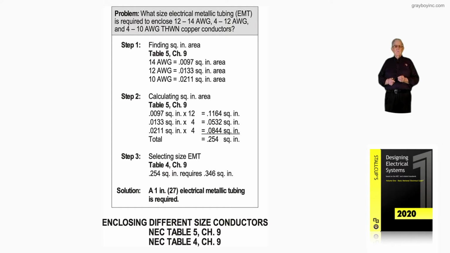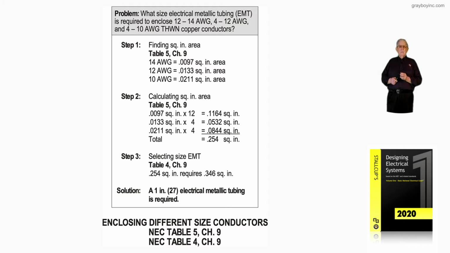The number 10, we have 4, so we take the 0.0211 times 4, we come up with 0.0844. Now when we total the cross-sectional area of all the conductors, we come up with 0.254 square inch area.